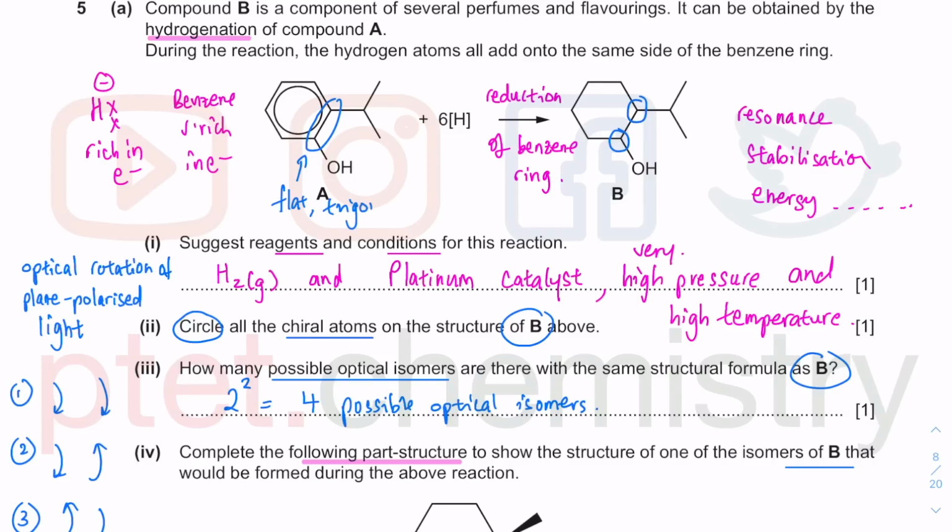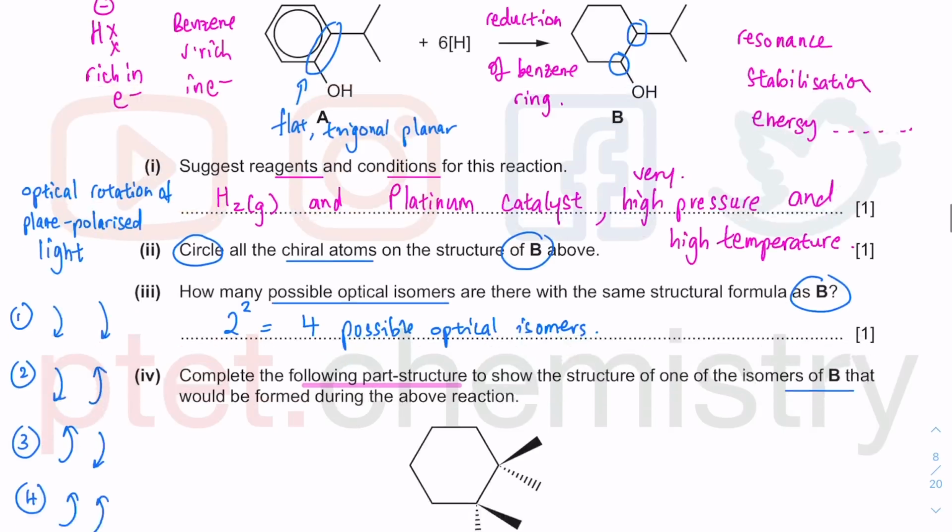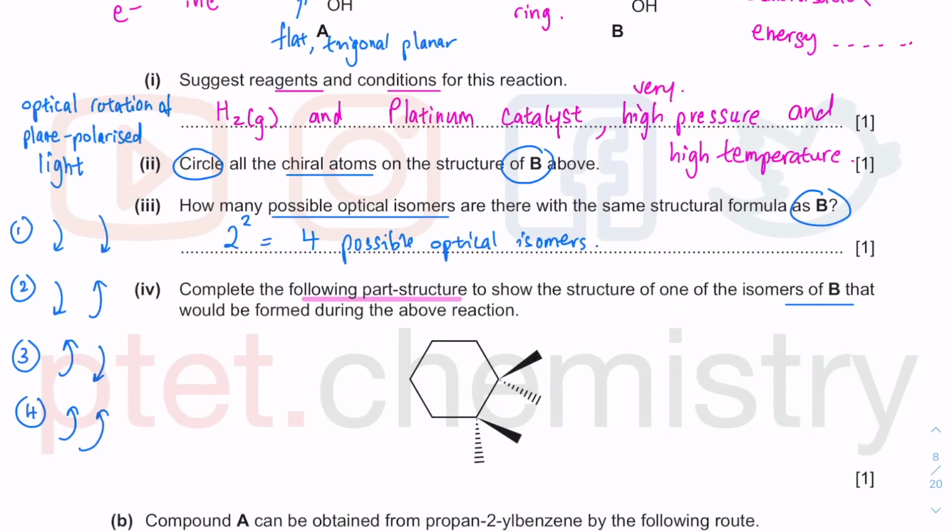If they are flat and trigonal planar, when you add the hydrogen in this heterogeneous catalysis, because the catalyst is in a different phase from the reactants, the hydrogen will add onto the same phase. If the hydrogen adds onto the same phase, the hydrogens must be on the same side.